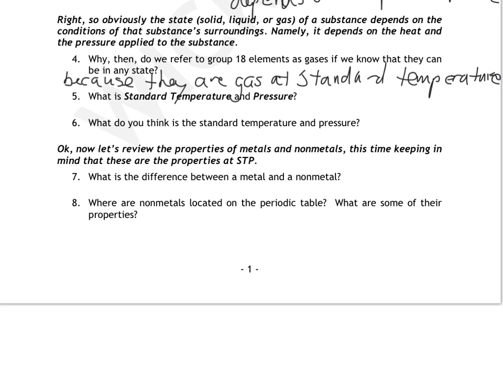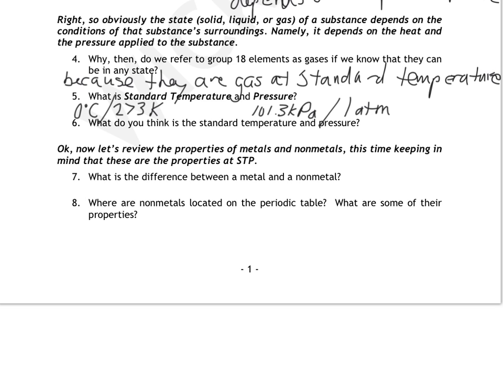So when we say that things are gases, we're speaking in reference to a standard temperature. So by definition, what is standard temperature and pressure? You can find these on, I believe, table A of your reference table, and it just says what they are, and there's a couple of different units for each.